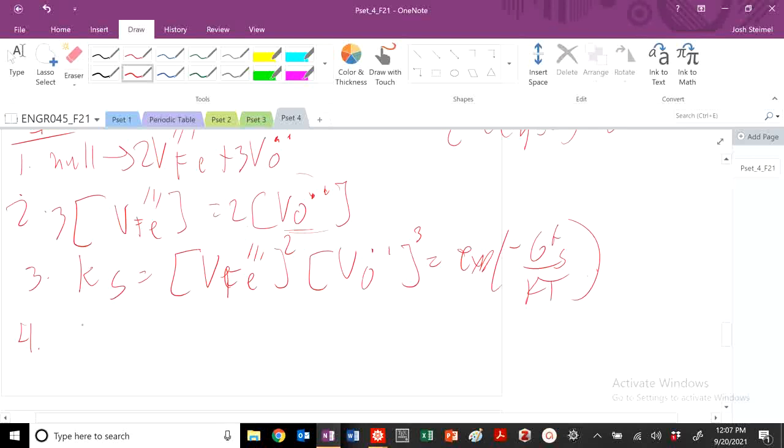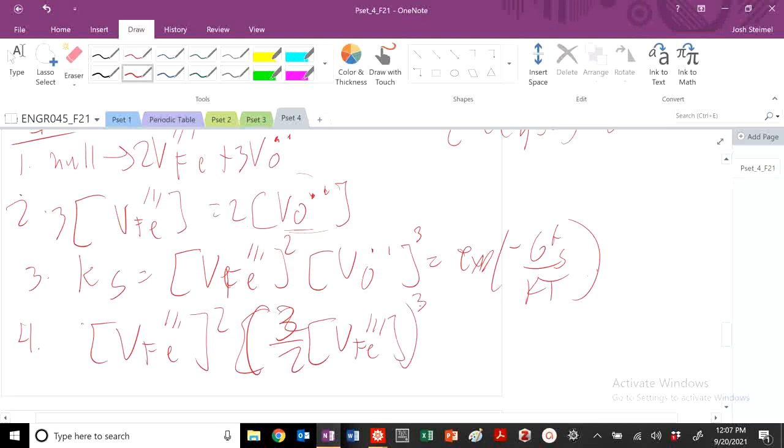Now it is going to be 3 over 2, concentration of vacancies in Fe3 cubed, equals exponential minus G formation of Schottky over kT.